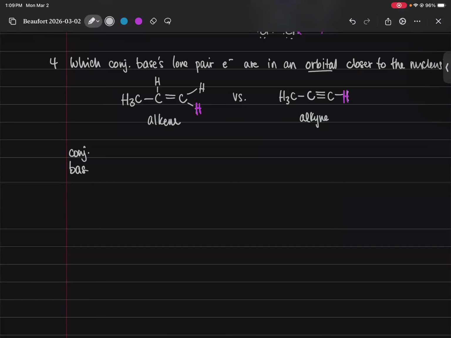And so as usual, we draw the conjugate base. We remove the proton, give it a lone pair and a negative charge.